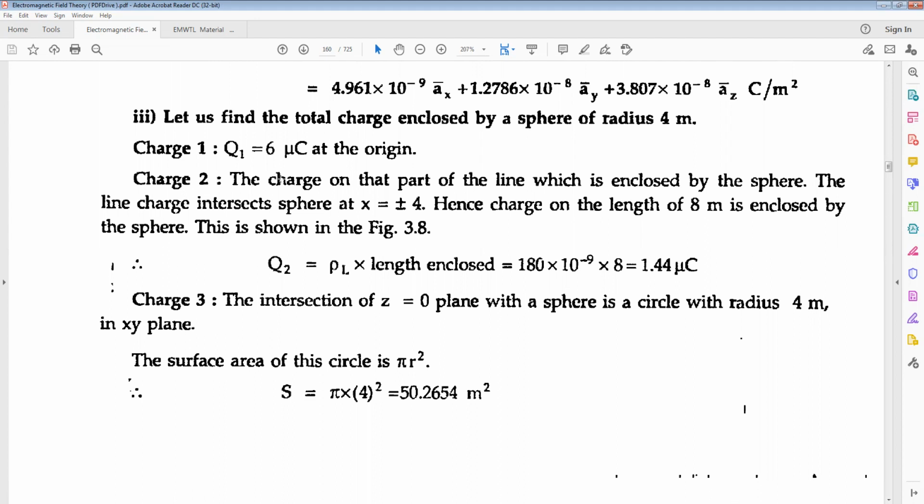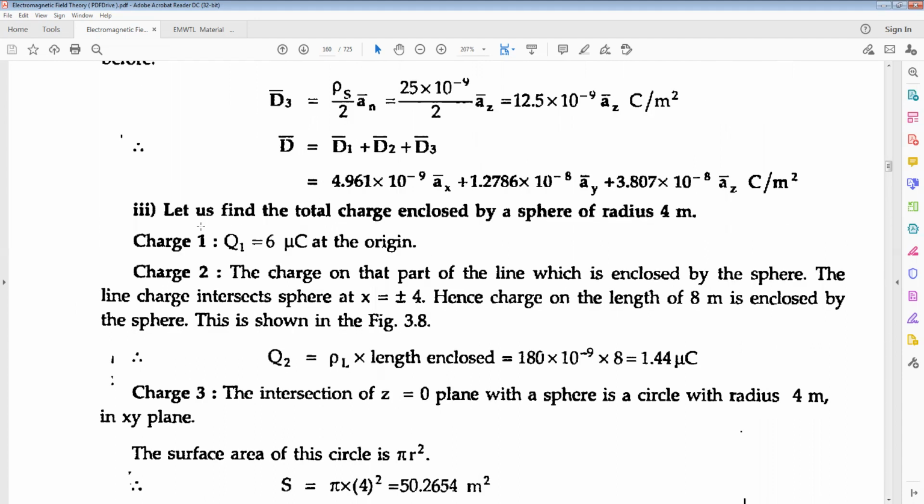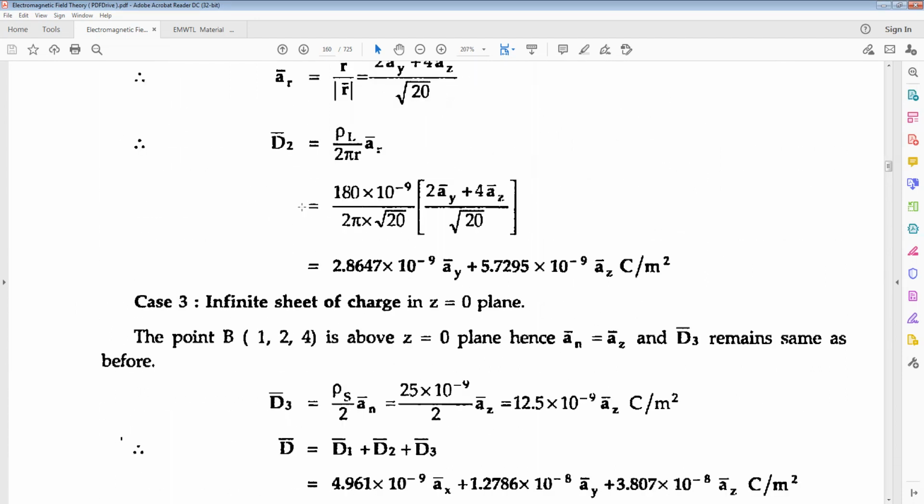And the next one is the charge on the part of the enclosed sphere, rho L into length, at the intersection of z equal to 0 with the sphere, a circle of radius 4 meters in the xy plane. Let us find the third one, my dear students.